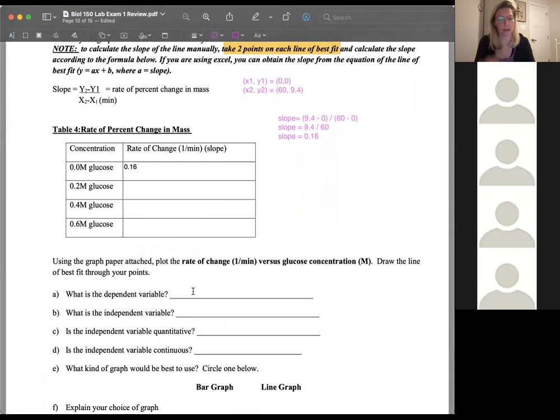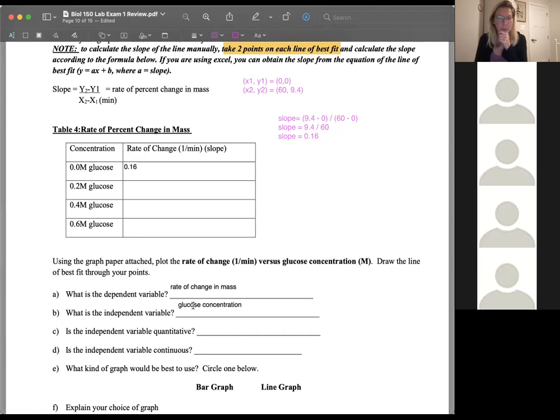Right, so that would be the dependent variable, because the rate of change in mass depends upon what? Concentration. Yes, very good. Glucose concentration, or you could say solution concentration, doesn't matter.